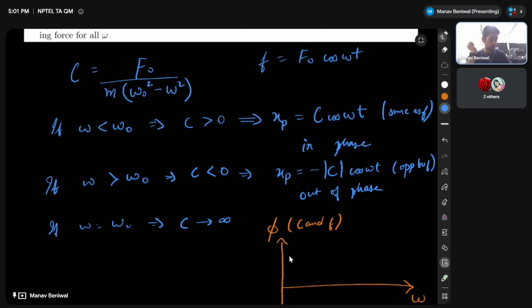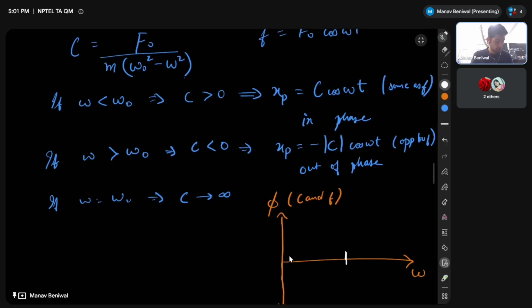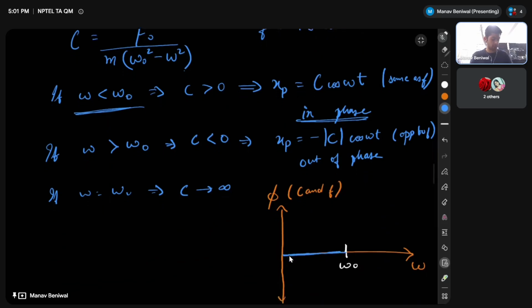So when omega is 0, you can see that C is positive. And let's say this is some particular omega naught. So when omega is less than omega naught, they are in phase, so there is no phase between them. So clearly a 0 phase up to this point.